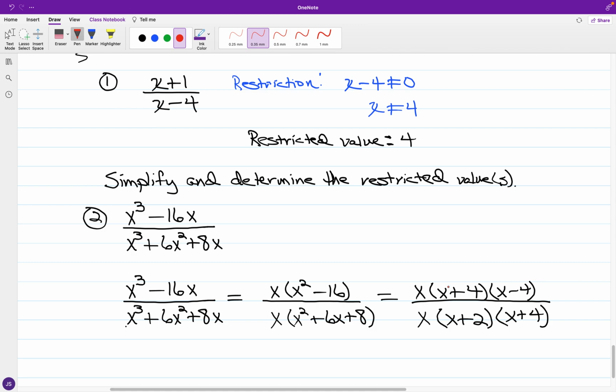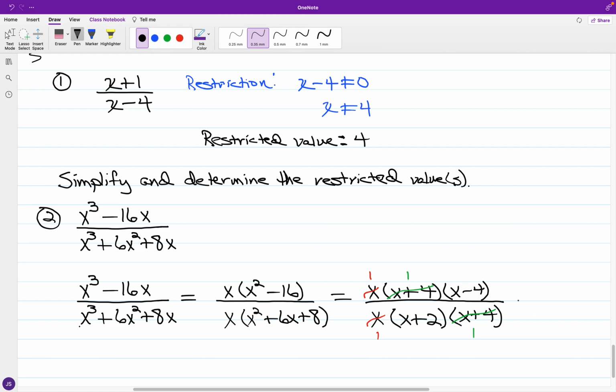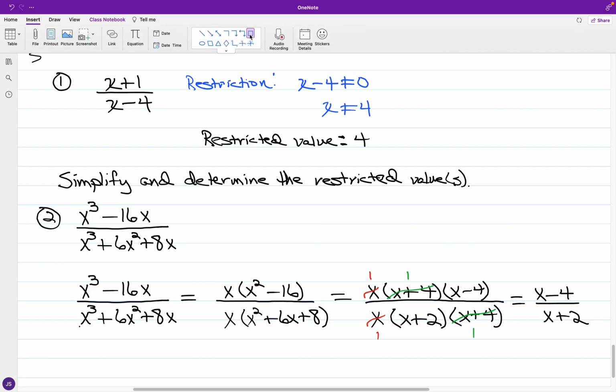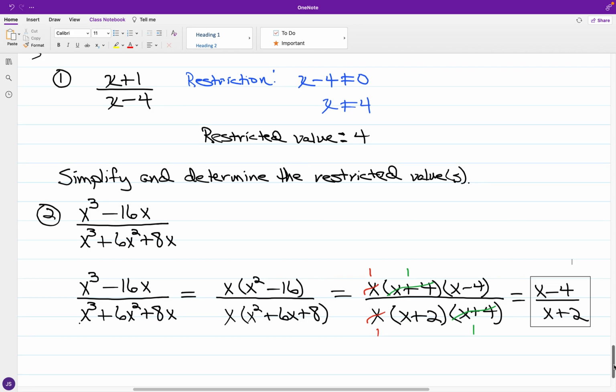Between the numerator and denominator we have a common factor x, and in simplifying, those cancel out. Also x plus 4 is in common, so those cancel. What remains is x minus 4 over x plus 2.